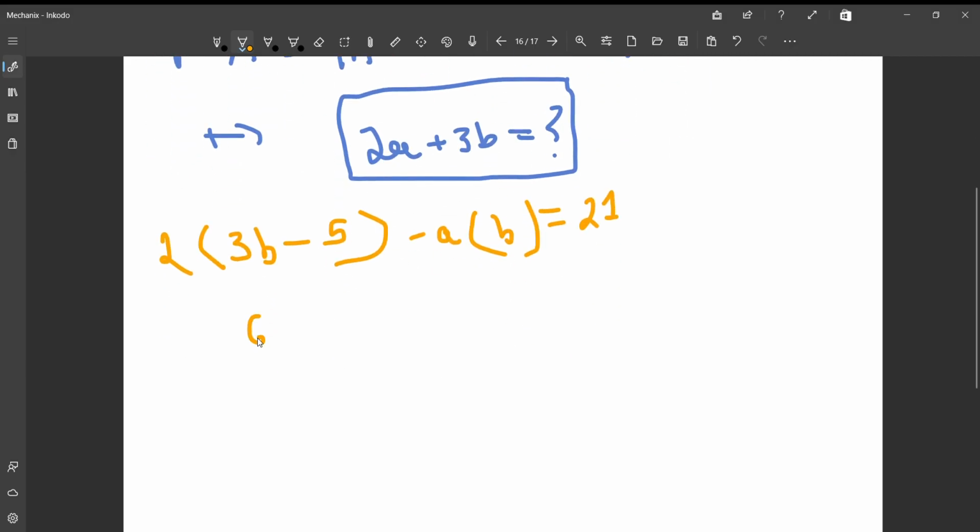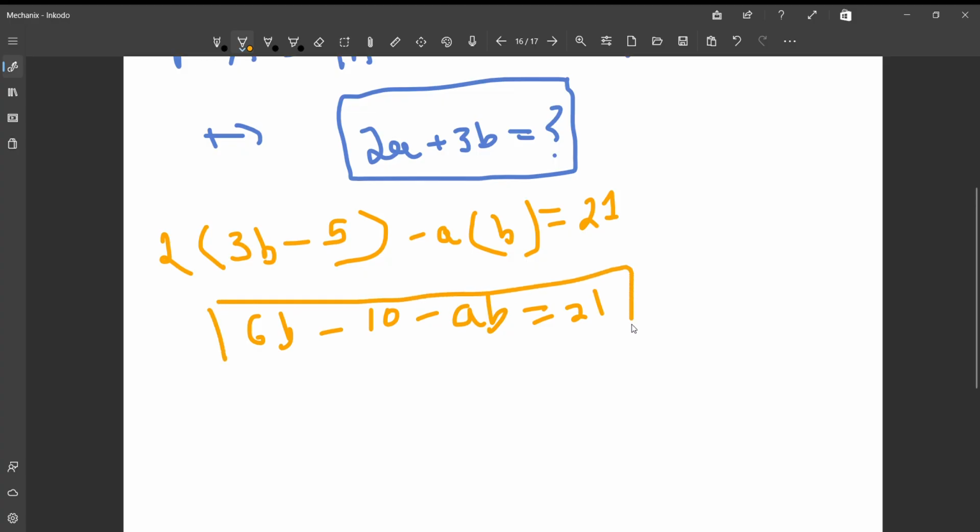So 6b minus 10 minus ab is 21. This is one equation we have from the given Cayley-Hamilton representation. Let us denote it by 1.